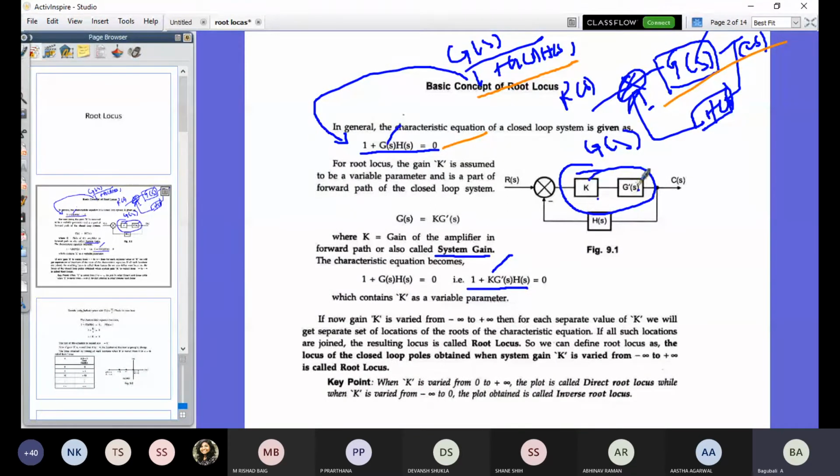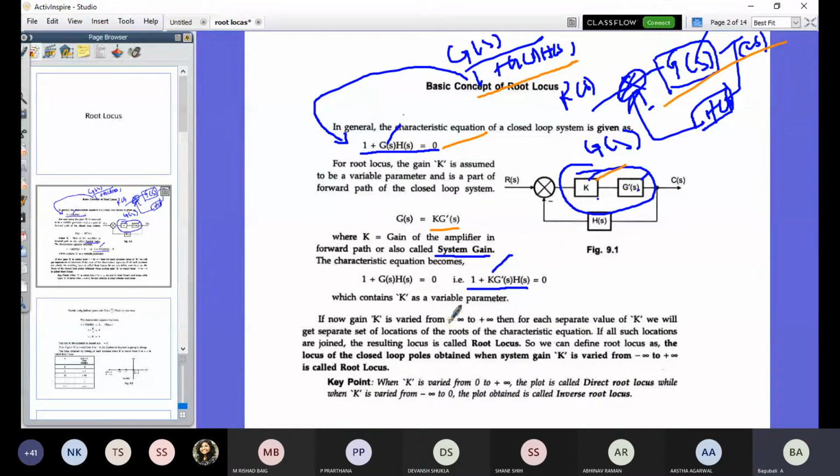You can see in the diagram that G(s) is nothing but K into G'(s). Here K is called the forward path gain, or amplifier gain, or the system gain. So the characteristic equation becomes 1 plus K G'(s)H(s) equals 0. Here K is called the variable parameter.